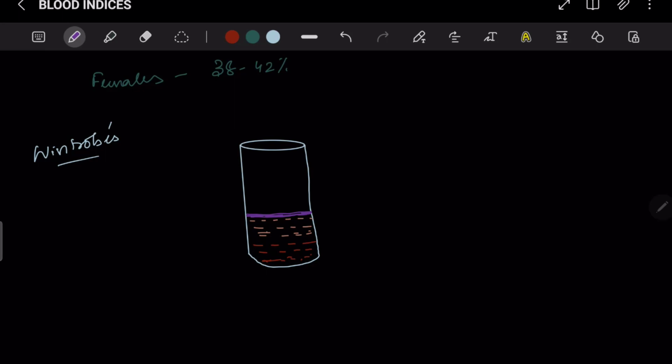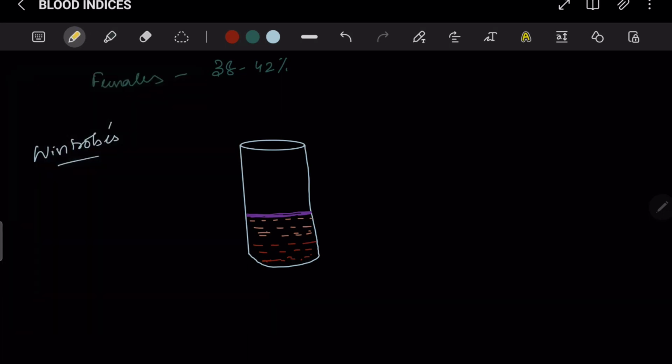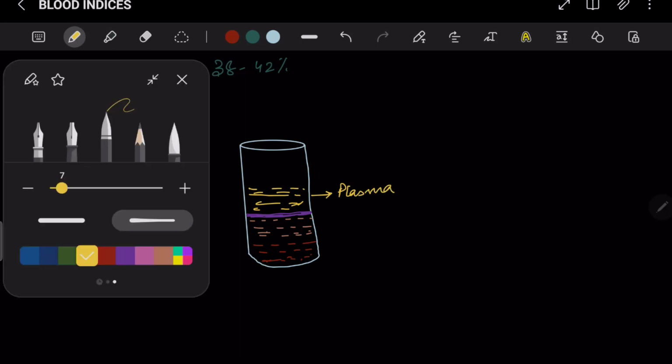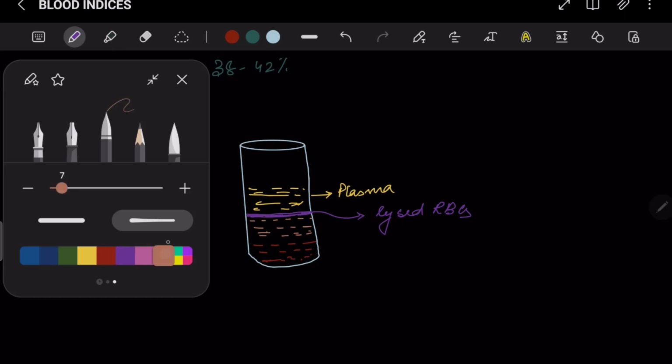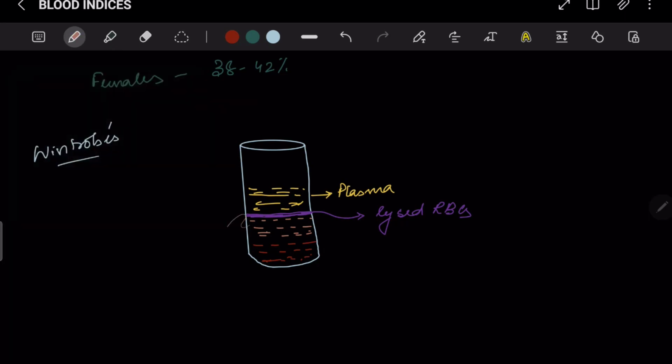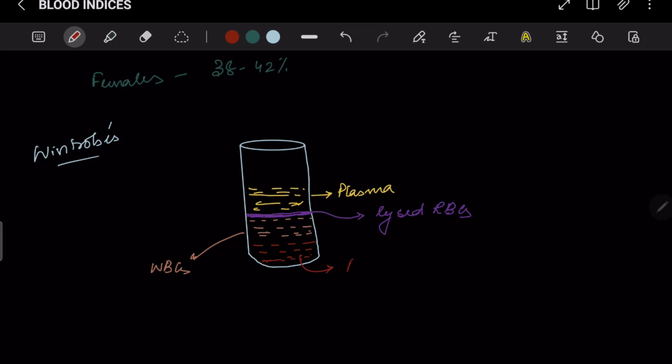And at the topmost layer is present a layer of supernatant plasma. So the layers are basically, the topmost is of the plasma, next is of the lysed RBCs. The third one is of the WBCs, and the last one is of the packed RBCs.